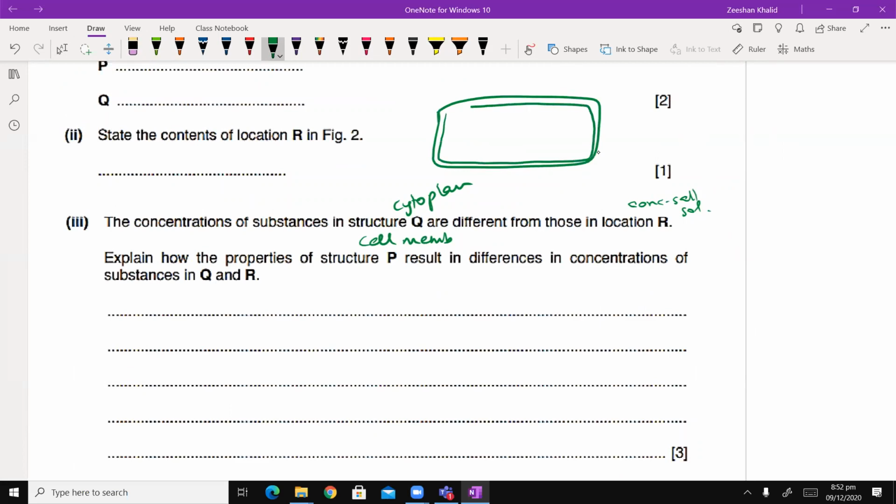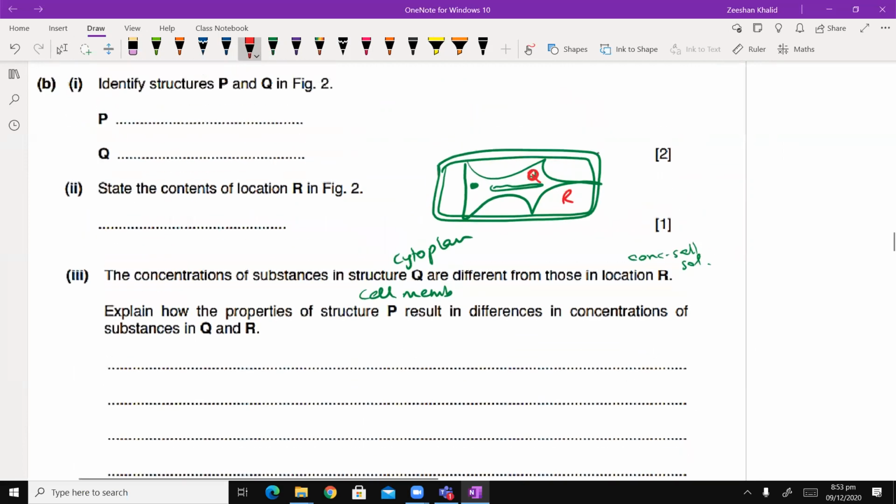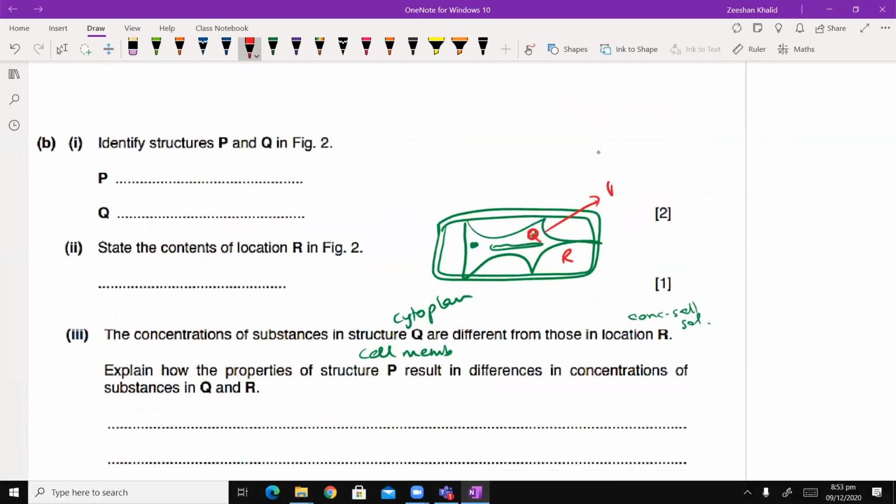So if that's the plasmolysed state, for example, that's the nucleus, that's the vacuole, और structure Q जो है वो आपका ये है. ठीक है, Q cytoplasm है. बल्कि इसको मैं different ink से करता हूँ. Let's do it with the red ink. That's Q, and then this is R. And then this structure is P.